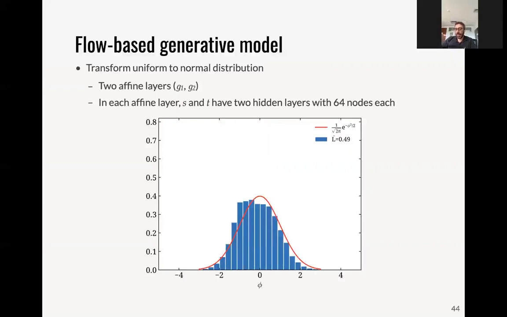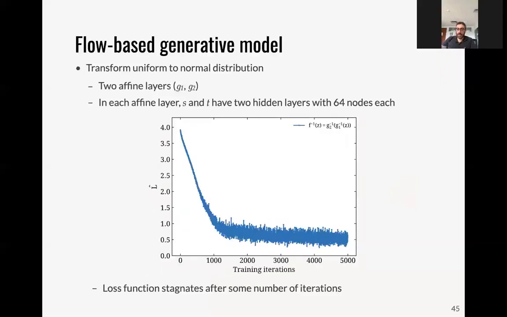And in the real application where you want to do this for a lattice gauge theory, as we said, the value of the loss function doesn't tell you much, just the fact that it's going down tells you that you're getting closer, but of course this is bounded from below, from the logarithm of Z, which in principle you don't know. For example, now I'm showing the training iterations on the x-axis and the value of this log function or loss function on the y-axis.